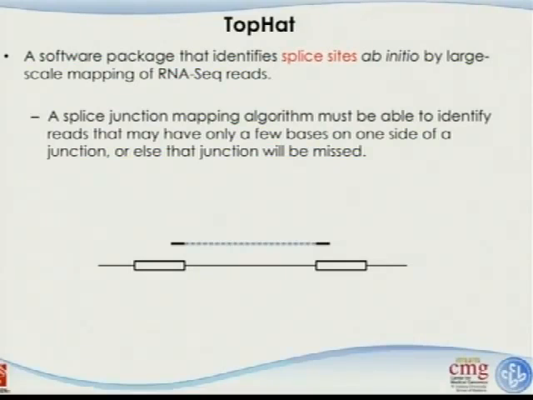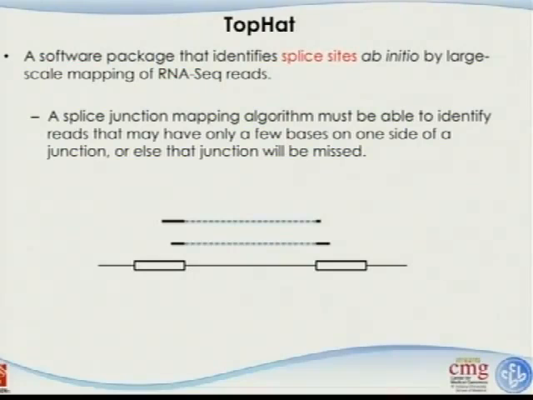Okay, so a splice junction mapping algorithm must be able to identify reads that may have only a few bases on one side of the junction, or else the junction will be missed. So for example, you've got this exon one, exon two, and this one read covers here. Okay, if your read is long enough, like say 120 base pairs, you are probably in good shape. You just break the read in the middle and then align the halves separately, and you can join them together, right? But if the read is like this, you will probably run into trouble, because at this end, you're in good shape.